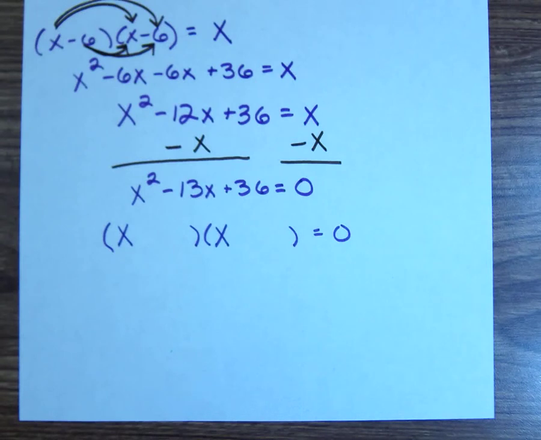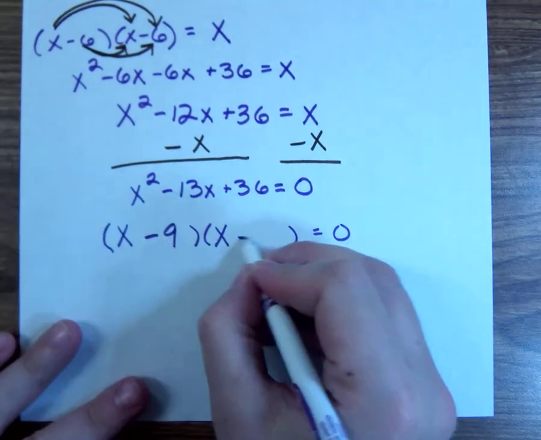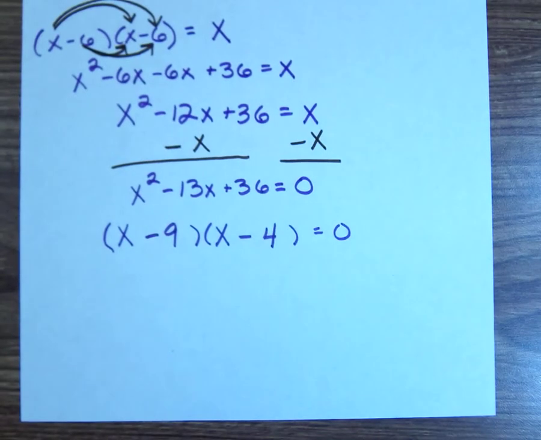Yes, 9 and 4. Be more specific. Negative 9. Uh-huh. And negative 4. Negative 9, negative 4. Good. Okay, cool. So now what?